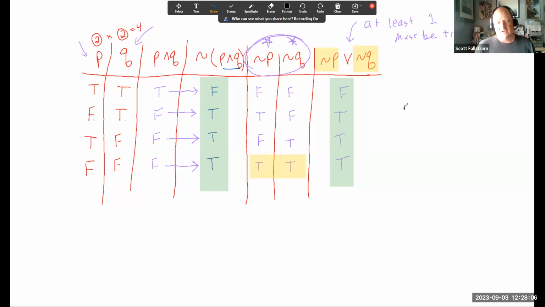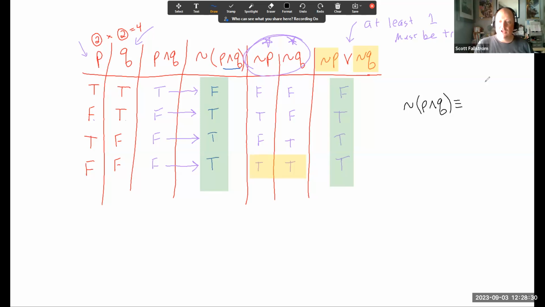So we would write it this way. The negation of P and Q is equivalent to, notice I'm not putting an equal sign. I put an equal sign with an extra line underneath it because these aren't numbers. You see that equal sign is when two numbers are the same. This is a symbol for equivalent, and it doesn't have to be numbers now.